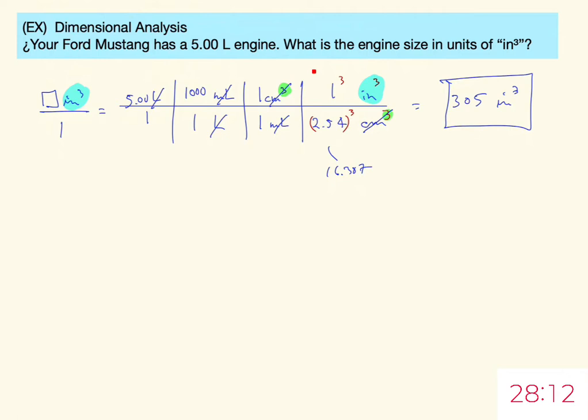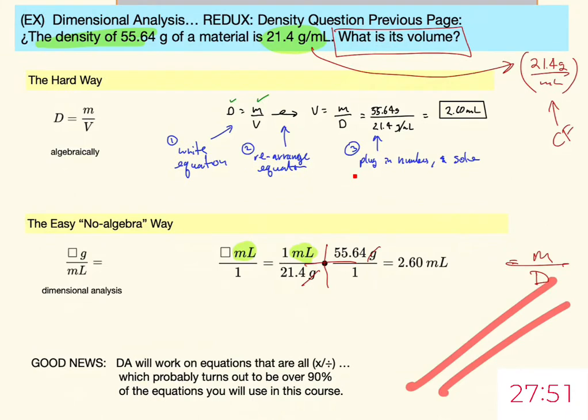What is the size in inches cubed? I want to know inches cubed, so I put it here. I'm only paying attention to the unit. And I'm going to start with 5 liters because that's what it starts me with. And I'm going to work through the dimensional analysis process until what? Until the number I'm looking for shows up as the only unit left on the right side. That's how I know that.